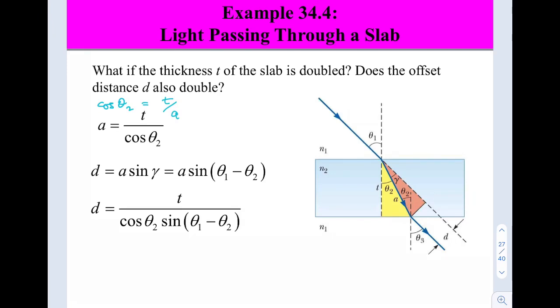So the offset distance D is proportional to T. If the thickness is doubled, so is the offset distance D. So from here we know that D is directly proportional to T. If T is doubled, then D is also going to be doubled.